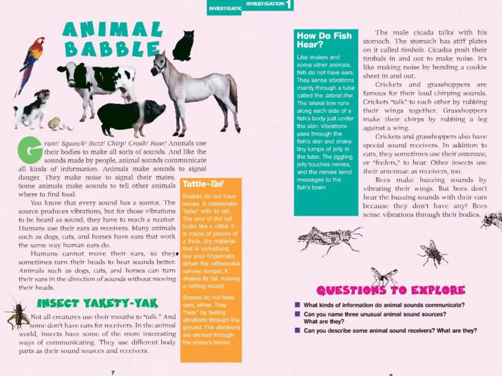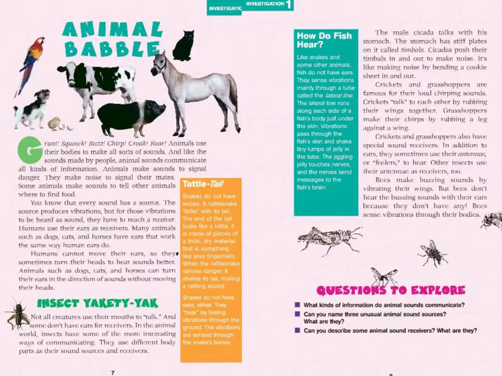But for those vibrations to be heard as sound, they have to reach a receiver. Humans use their ears as receivers. Many animals, such as dogs, cats, and horses, have ears that work the same way human ears do. Humans cannot move their ears, so sometimes we turn our heads to hear sounds better. Animals such as dogs, cats, and horses can turn their ears in the direction of sounds without moving their heads.